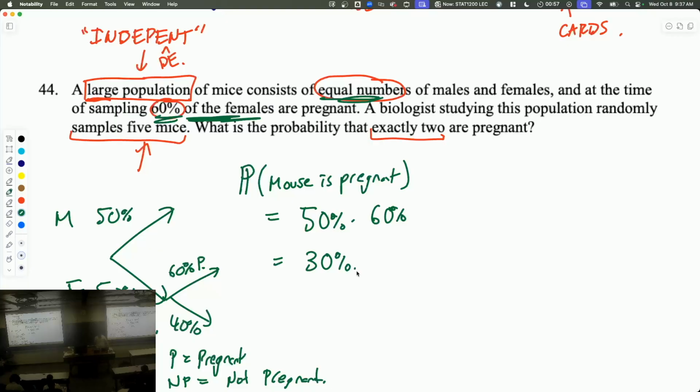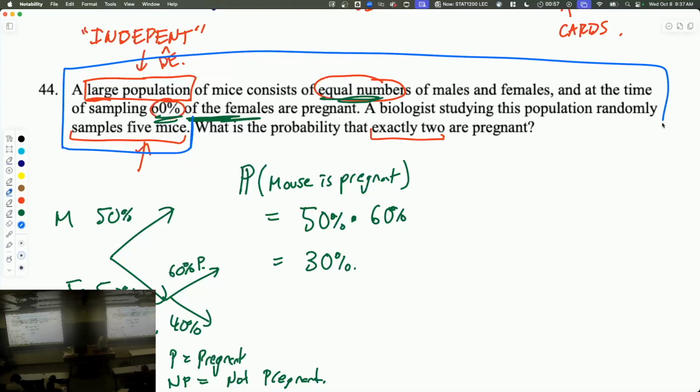That's what I'm taking out of this probability tree. Any questions or comments so far? The hard part of this question is that it combines two things. We've done the first half in the blue box, and we're going to do the rest in a second.